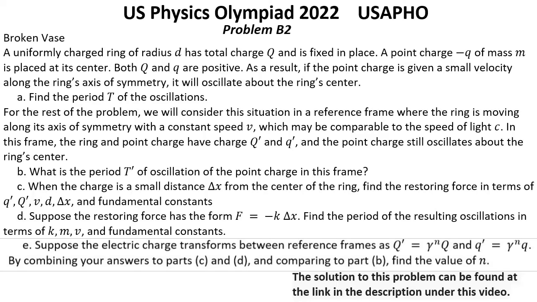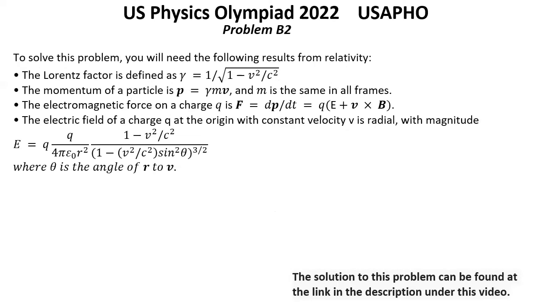By combining your answers to parts C and D and comparing to part B, find the value of n. To solve this problem, you will need the following results from relativity. The Lorentz factor is defined as gamma equals 1 over the square root of 1 minus v squared over c squared.